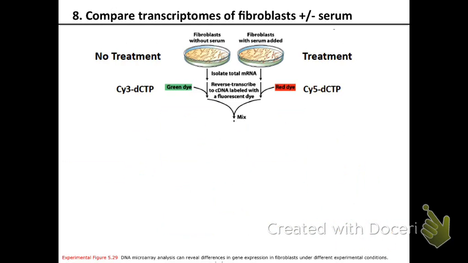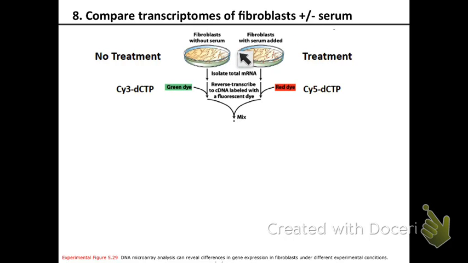All right. But we need to convert these into values. So let's look at one example from your book, where we're interested in the transcription response to serum addition in fibroblasts. Okay?